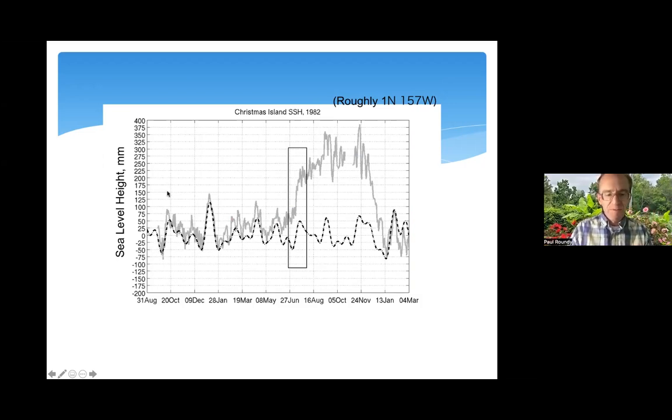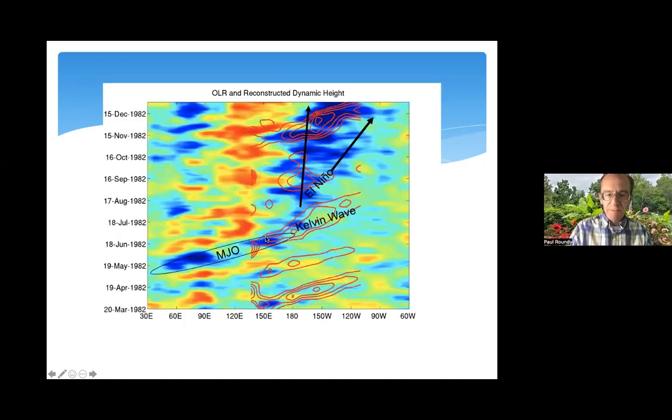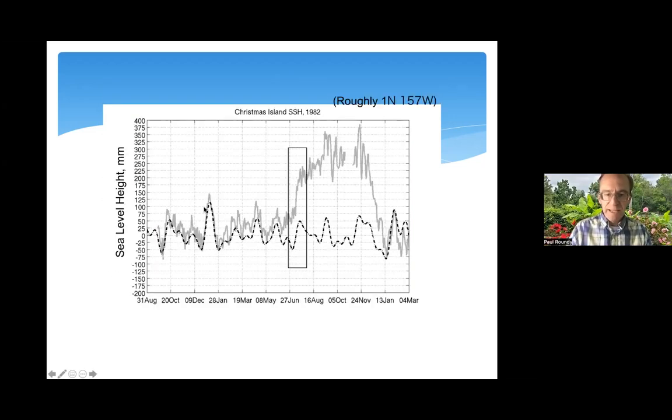Going from the fall before into 1982, you see a few minor Kelvin waves go by, bang, that event from this MJO is associated with a 20 centimeter shift in sea level height that then sticks around for months.